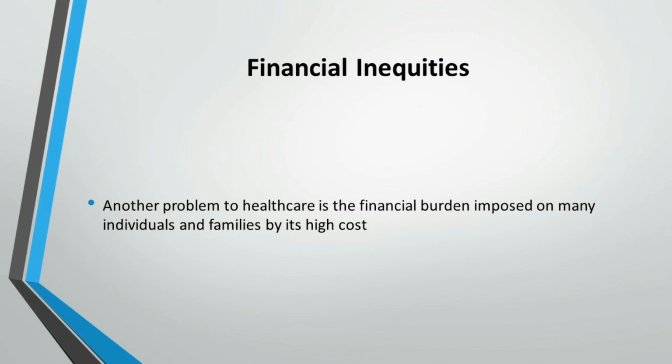Public policy, particularly Medicare and Medicaid, contributes substantially to the escalation of costs in healthcare. As healthcare policy reduces the financial burden on specific individuals, it increases the burden on the society as a whole.